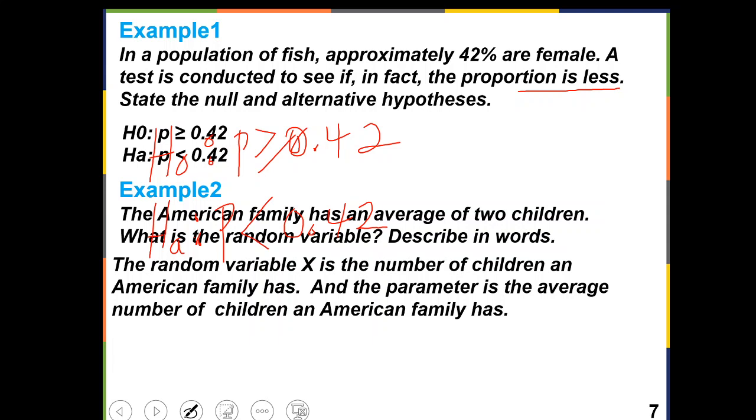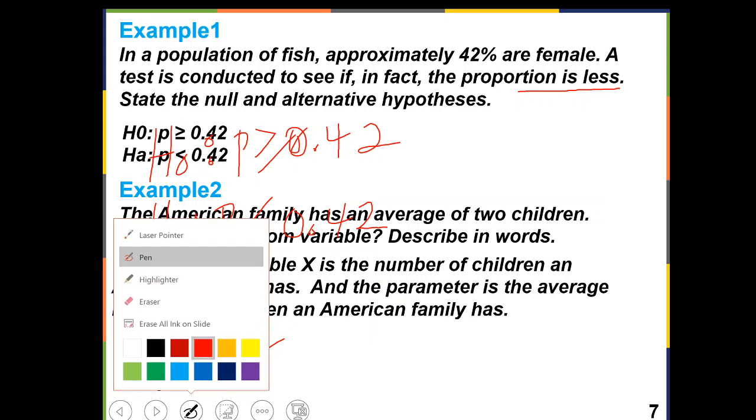And the parameter here is the average number of children an American family has. Now, if that were a claim that the average equals 2, that's how we would write it. And that would be the alternative.